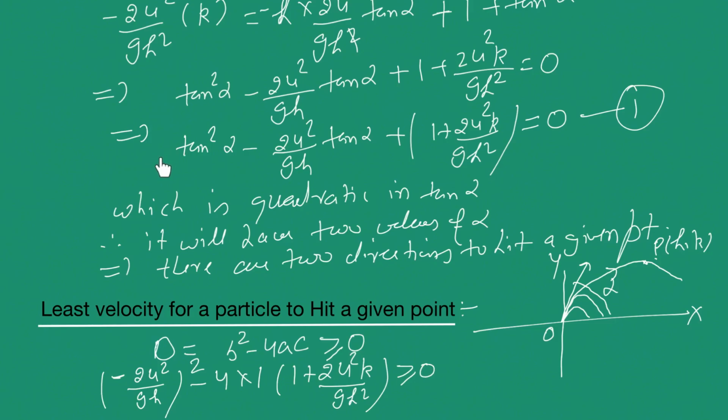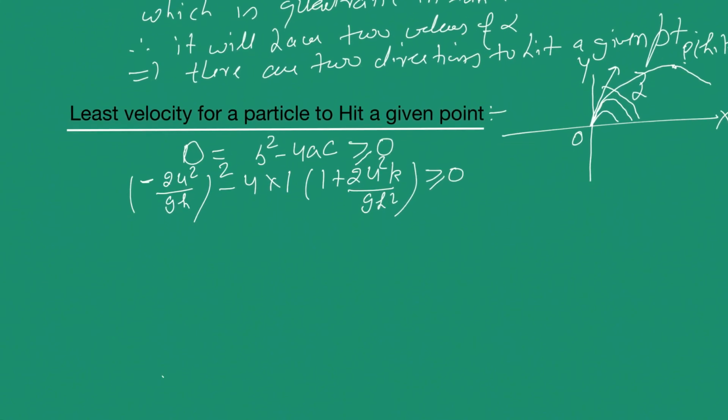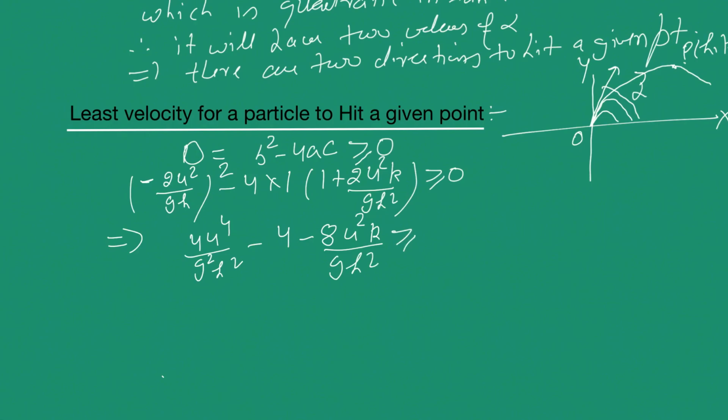Here a is 1, b is this one, and c is this one. So this further implies that 4u^4 upon g square h square minus 4 minus 8u square k by g h square is greater than or equal to 0.